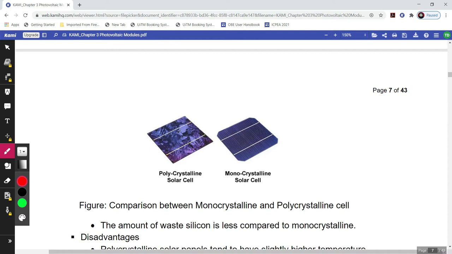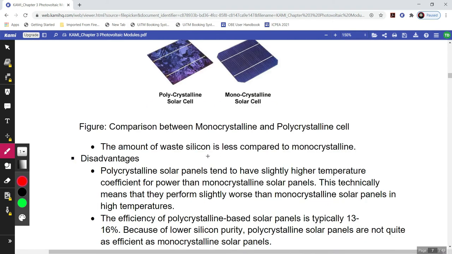So this is the polycrystalline compared to the monocrystalline solar cell. So the amount of waste silicon is less compared to the monocrystalline because they make it in the square mold. Okay. So the disadvantages, polycrystalline solar panels tend to have slightly higher temperature coefficient for power than monocrystalline solar panel.